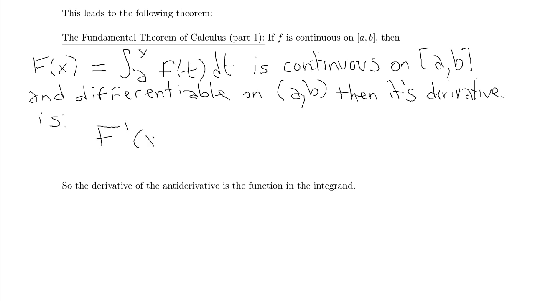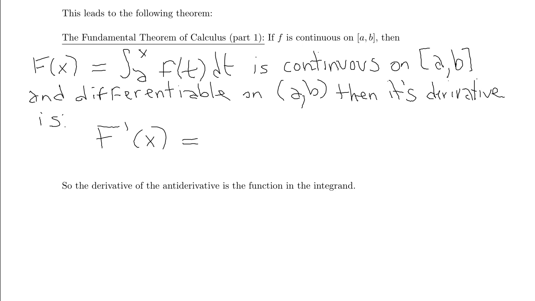Let's think about this for a second. It might look at first glance like big F of x is some sort of area because it's the definite integral of something, right? So it would be the area under the function little f of x between a and x. That's true, but because x is a variable, it's actually an arbitrary area function. It's what the area would equal for different values of x.